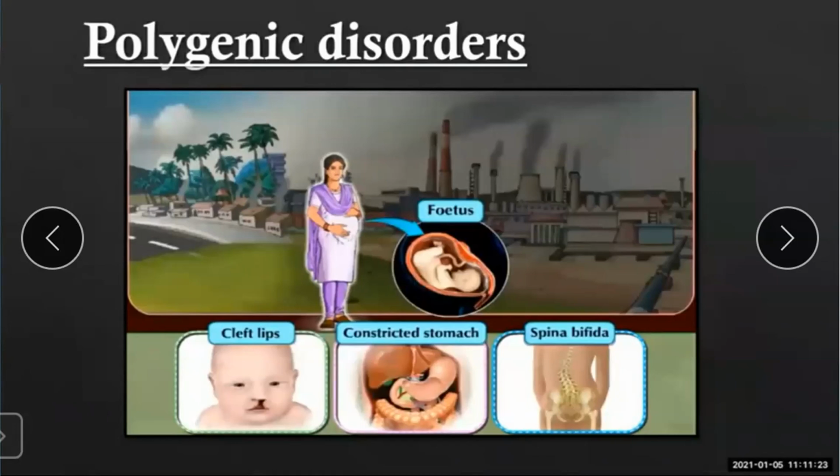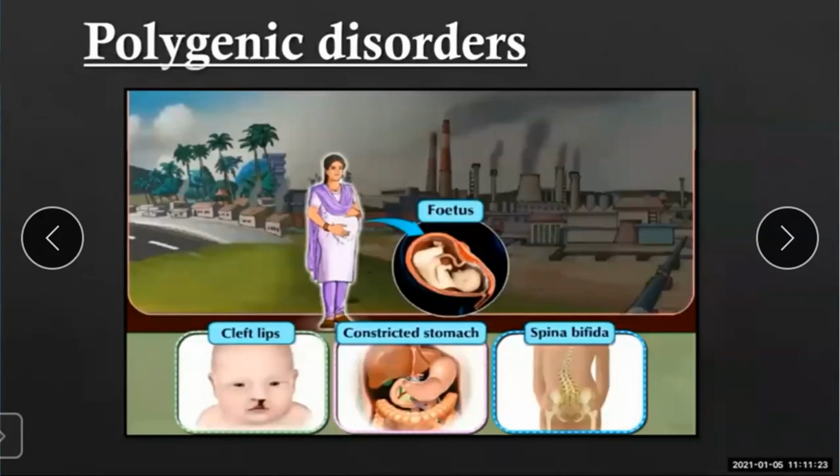Besides this, there are many others: diabetes, blood pressure, heart disorders, asthma, and obesity are also called polygenic disorders. So my dear students, you understand what this is? Mutations in more than one gene at the same time cause polygenic disorder, and severe fetal disorders are caused by the effects of environment on the fetus.